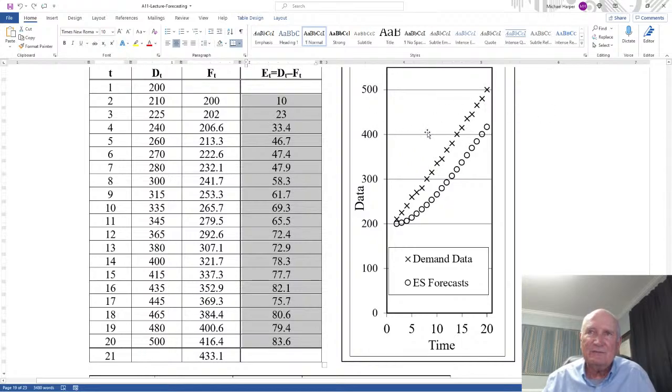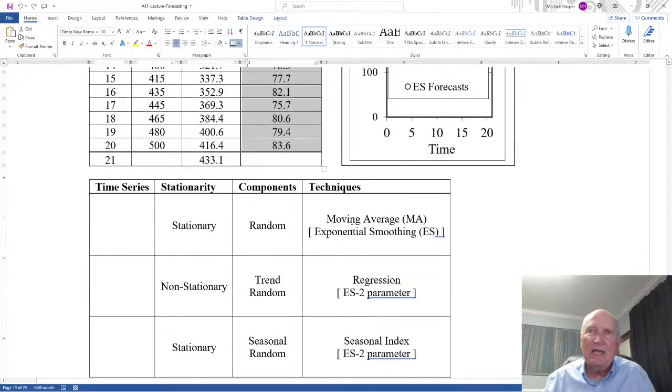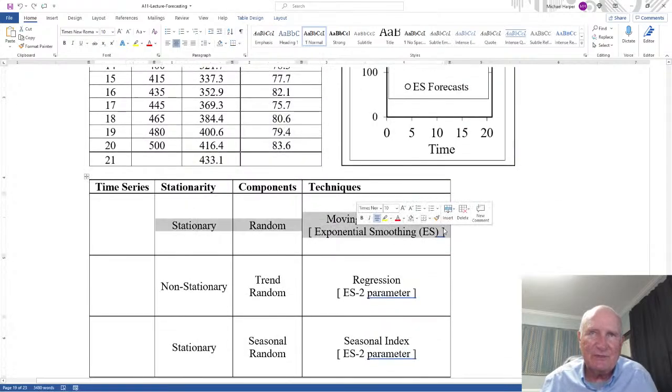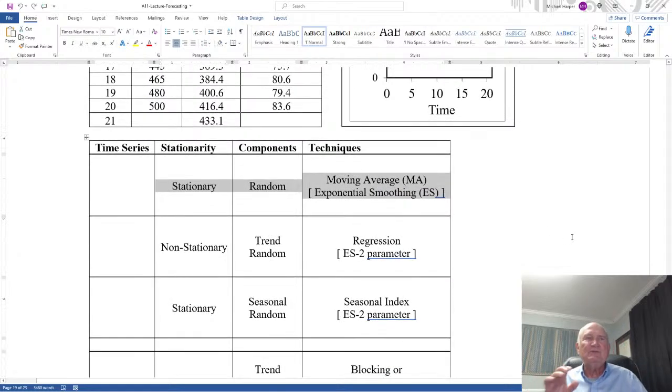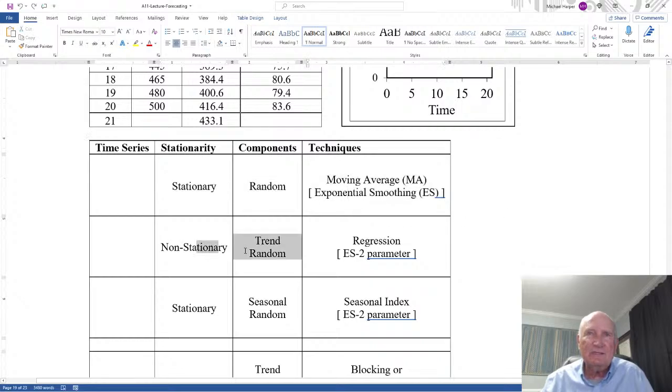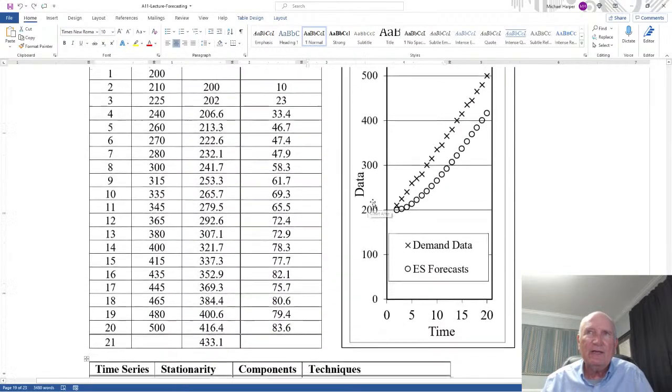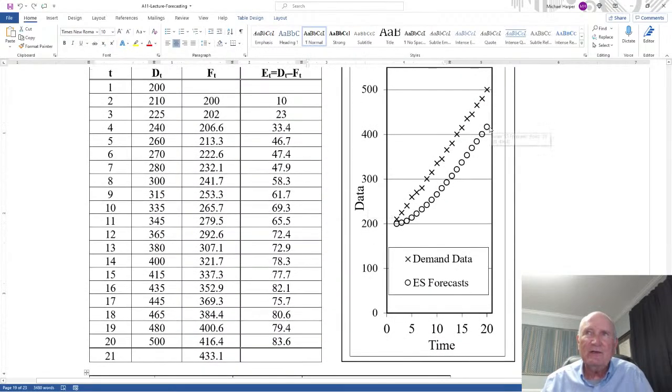The error increases. Why? Well, first of all, this is a non-stationary time series, and exponential smoothing should be used with a stationary time series. Well, I did this on purpose to show you what would happen when you took this type of time series and applied that technique to it, where you're going to get a forecast which is down here, and it should be up here somewhere.